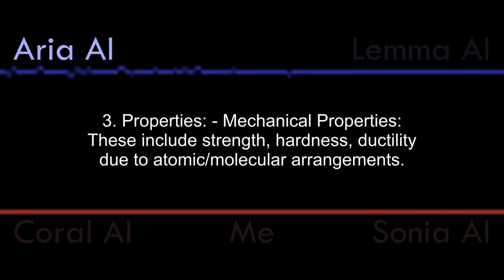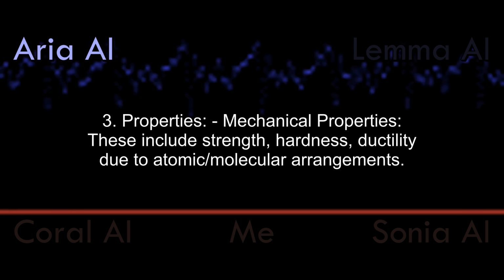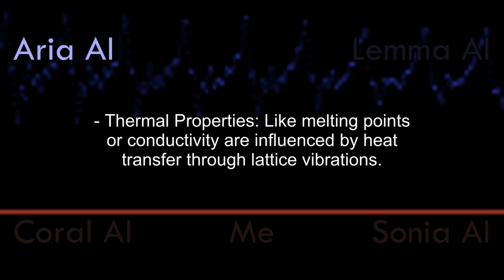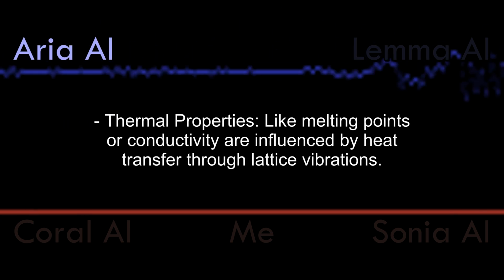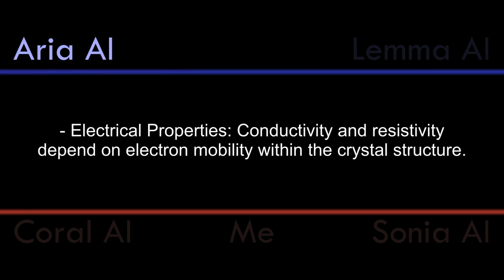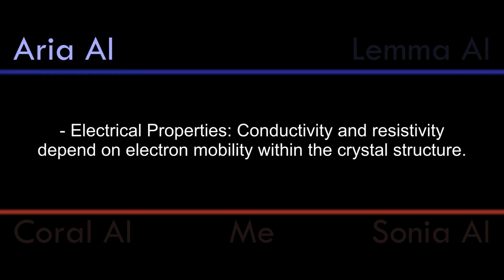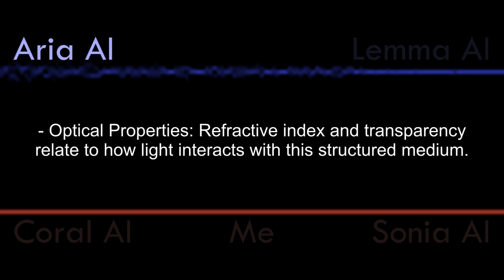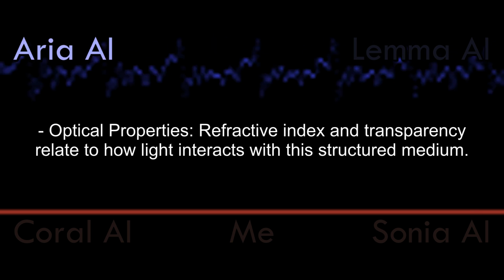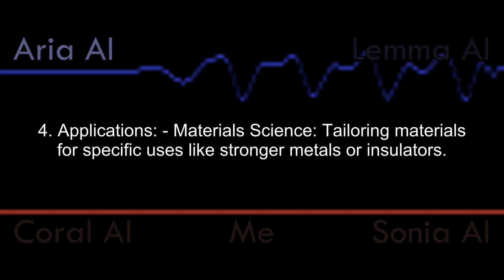Properties. Mechanical properties. These include strength, hardness, ductility due to atomic/molecular arrangements. Thermal properties, like melting points and conductivity, are influenced by heat transfer through lattice vibrations. Electrical properties, conductivity and resistivity depend on electron mobility within the crystal structure. Optical properties, refractive index and transparency relate to how light interacts with the structured medium.